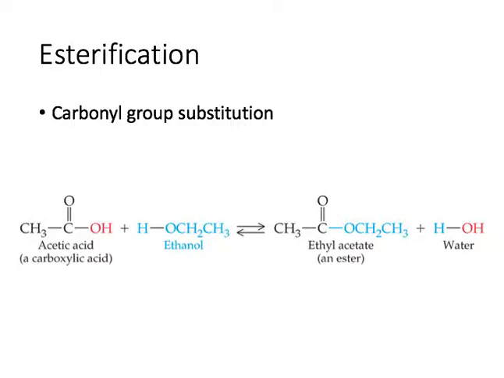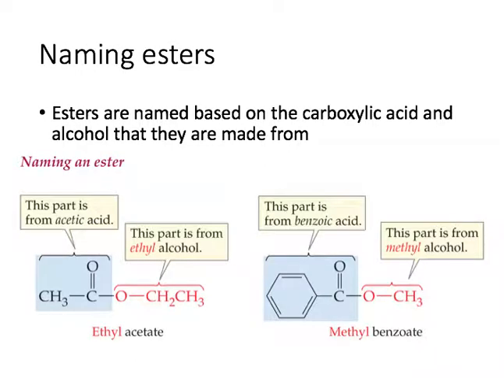Just to go over a little bit of reminder about how we name esters. If we look at an ester where we have this ester linkage, carbon double bonded to an oxygen, single bonded to an oxygen, that's our ester linkage. The new part that came from an alcohol, we name as ethyl. Here in this case, we have a 2-carbon unit that came from acetic acid or ethanoic acid.